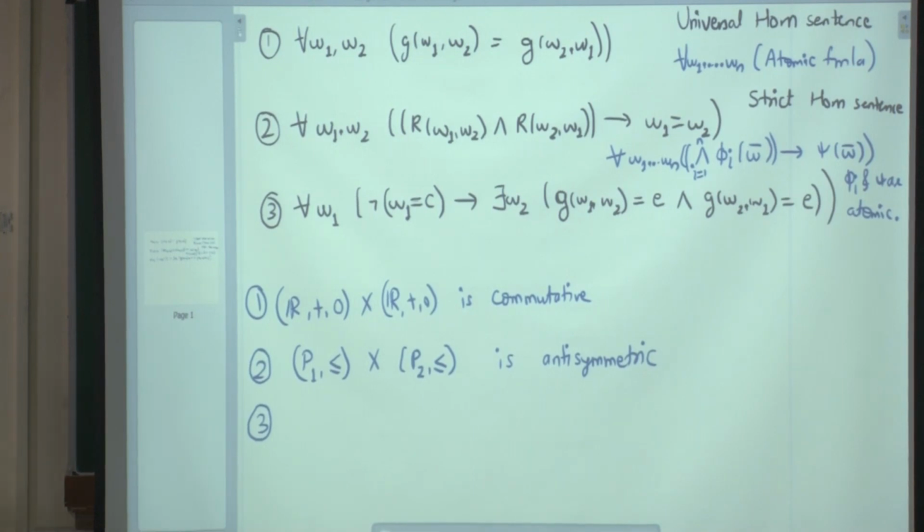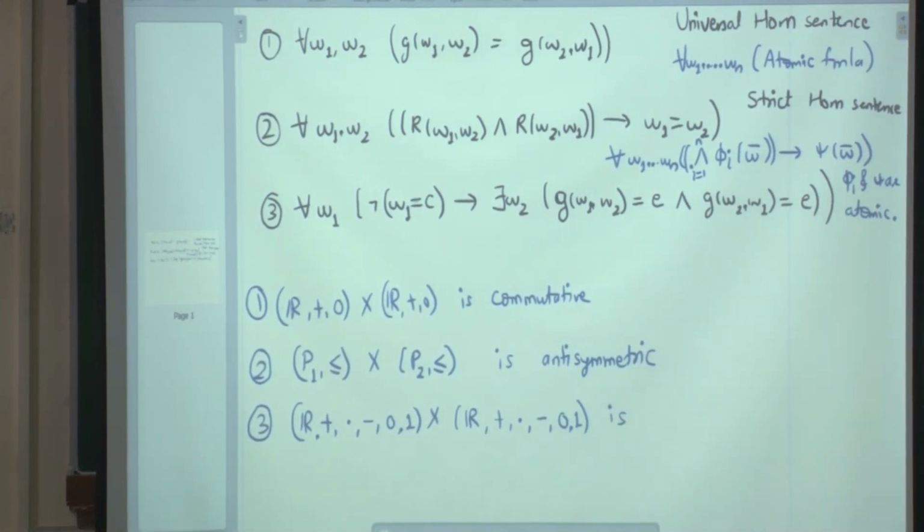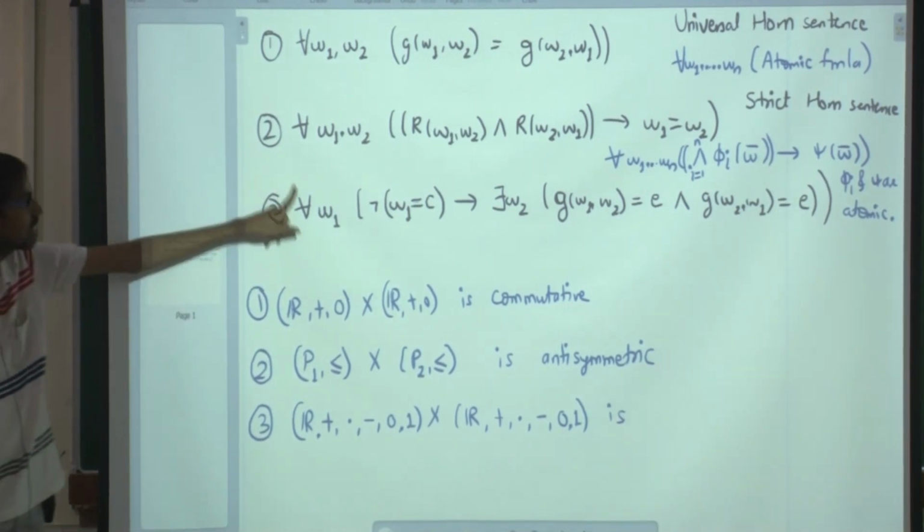Third one, on the other hand, if I take real numbers with addition, multiplication, minus, 0, 1, our usual thing, and I take its cross product with itself, we have already seen this is not a field. This is the field axiom.